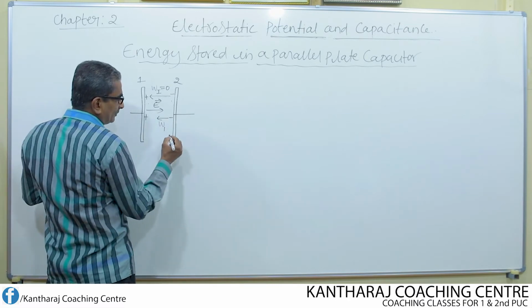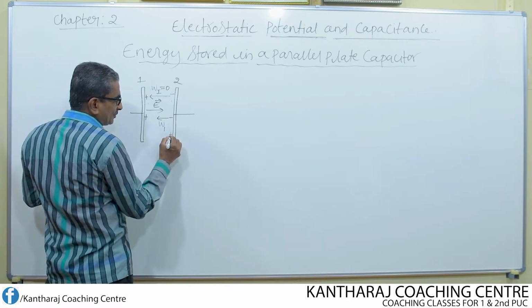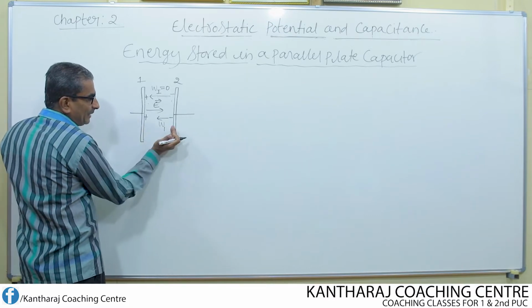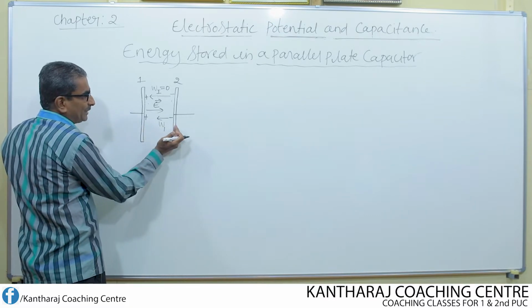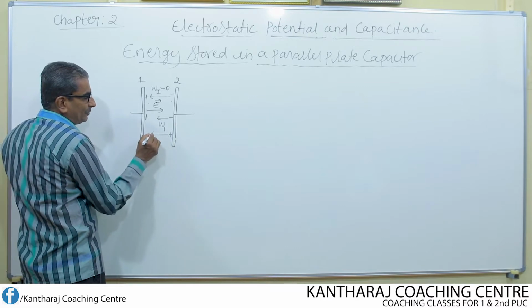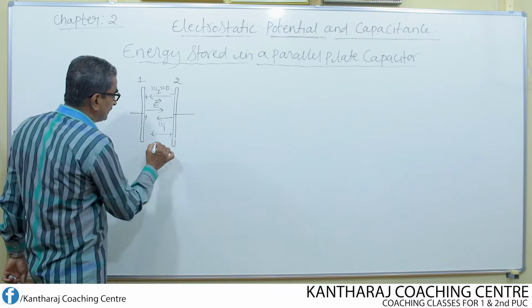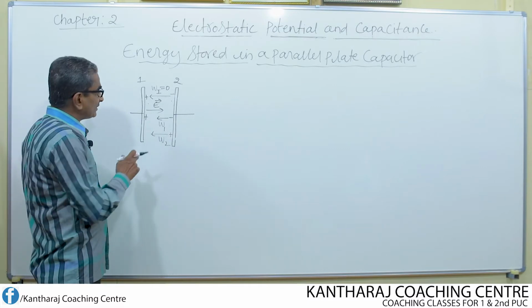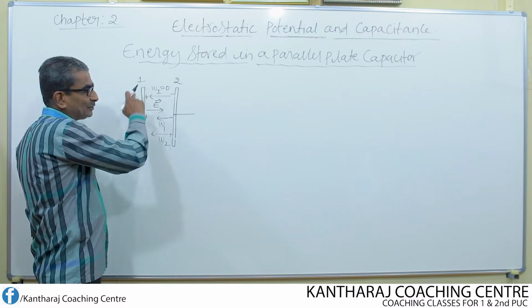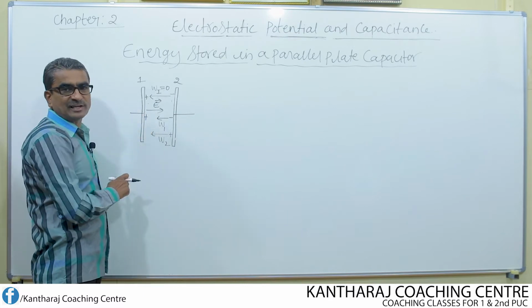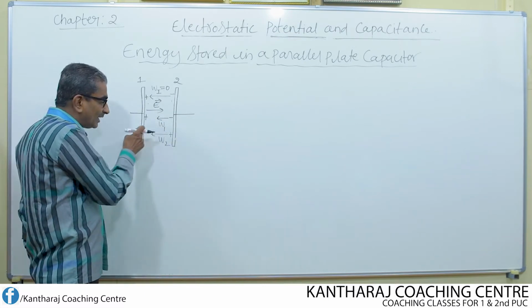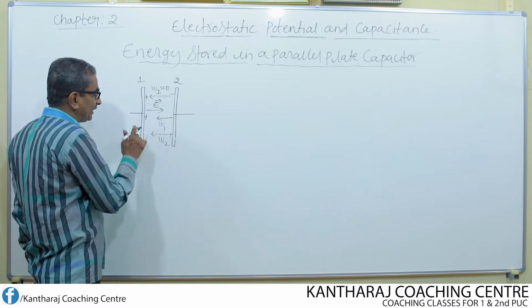Similarly, now I move one more positive charge from plate 2 to plate 1. If I move it, once again work should be done. Let W2 be the work done. Because the plate is already charged, an electric field exists, and against this field work should be done to move another charge from plate 2 to plate 1.